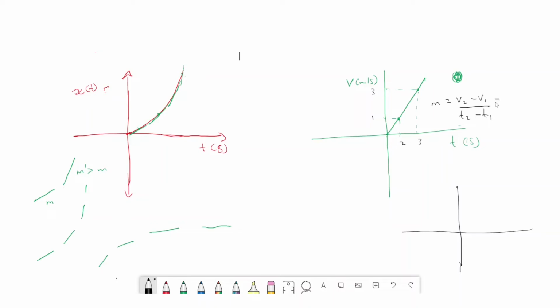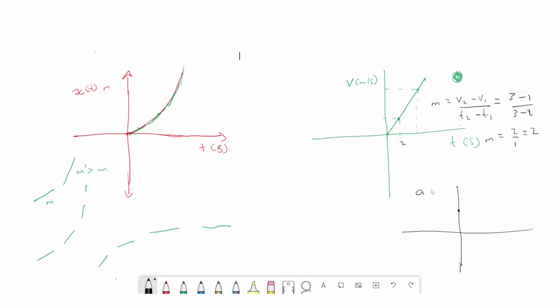I'm hoping in maths you did this. So v2 is 3, v1 is 1, t2 is 3, and t1 is 2. You'll find that this is 2 over 1, so the slope is just going to be 2.